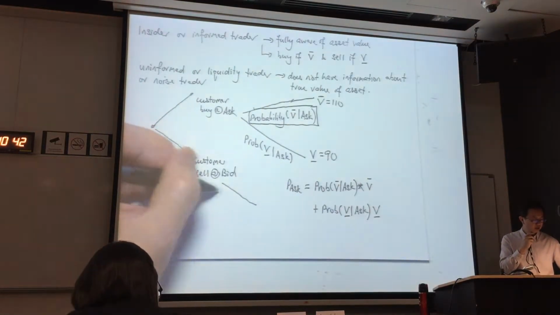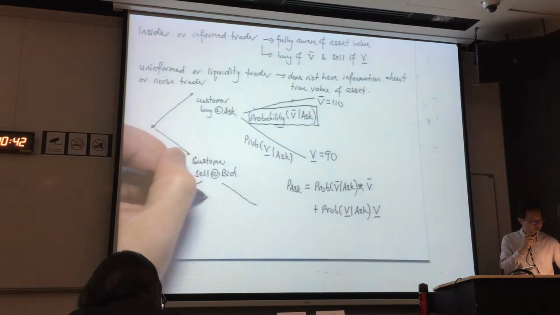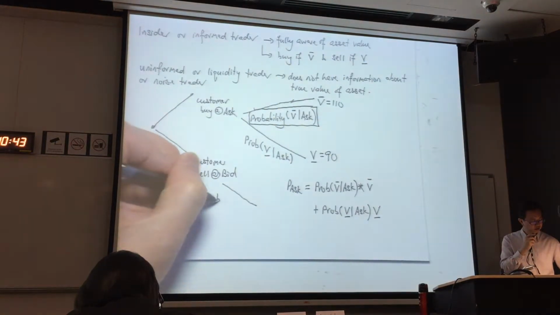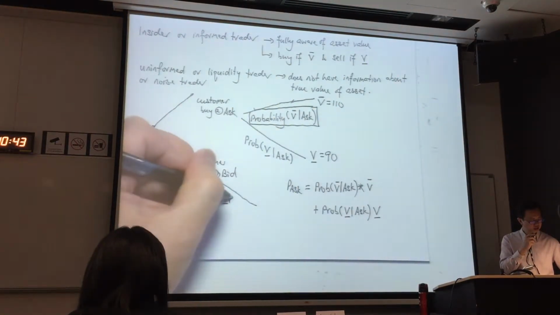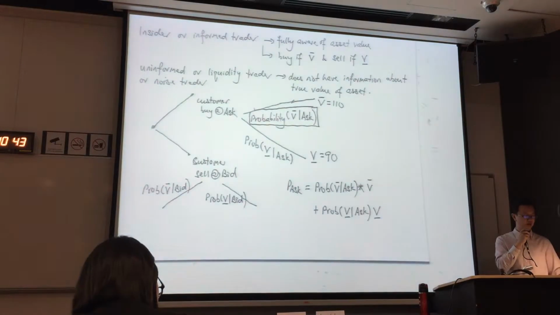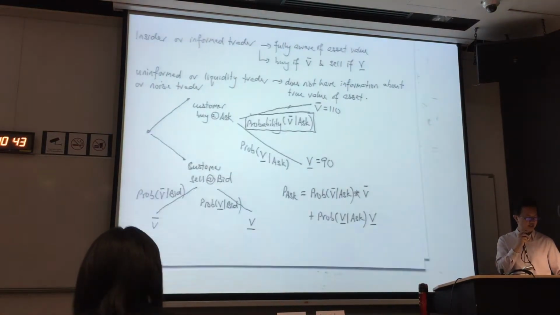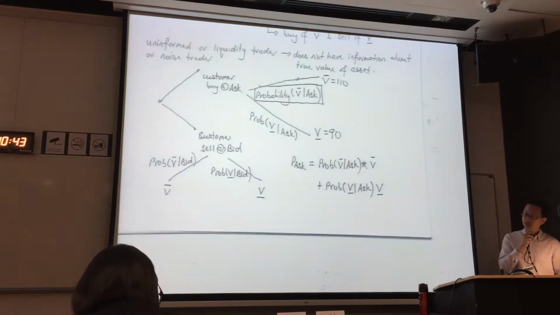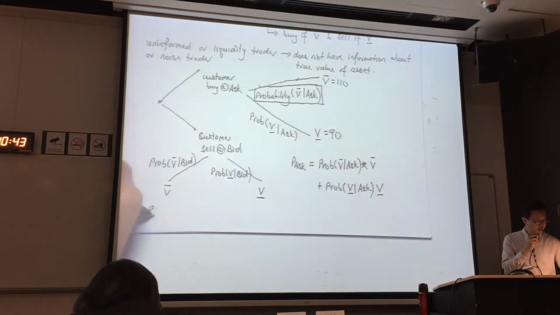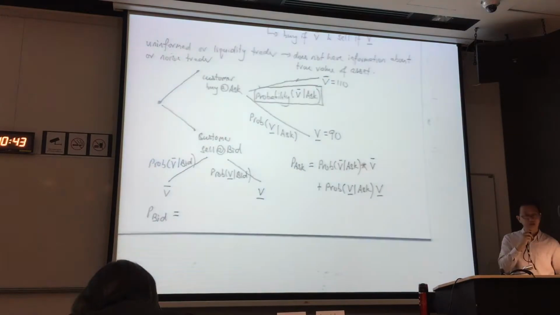Likewise, what is the probability that the value is low, conditional on the transaction being done at the bid? This value is 110, this value is 90.